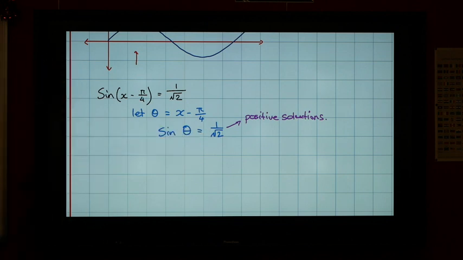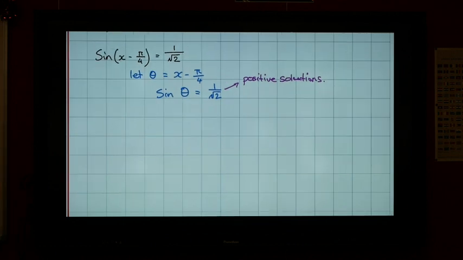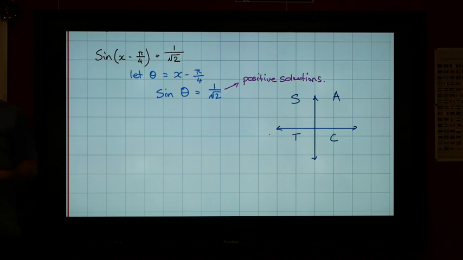So what we're looking for are all of our solutions where sine is positive. So just to the right, I'm going to think about all stations to central, and this is going to be the last time I think about all stations to central.